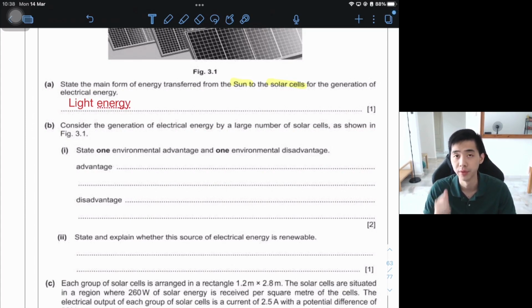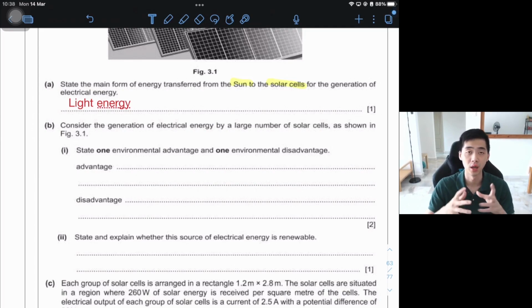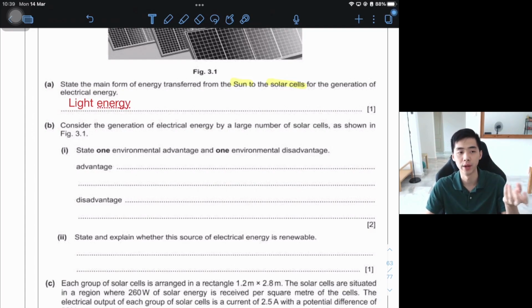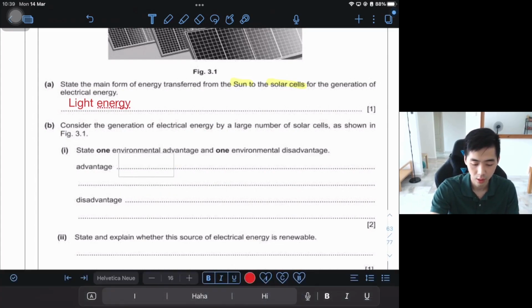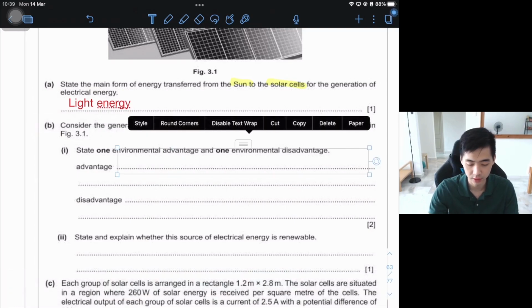But whenever we talk about disadvantages here, obviously there are many environmental disadvantages as well. Number one, solar panels require a large piece of land to function, right? And number two, there could also be pollution produced when you're setting up the solar farm as well, because it doesn't just pop up out of nowhere. You have to use infrastructure, you have to use all the old machineries and everything, which is still going to produce wasteful byproducts, guys.